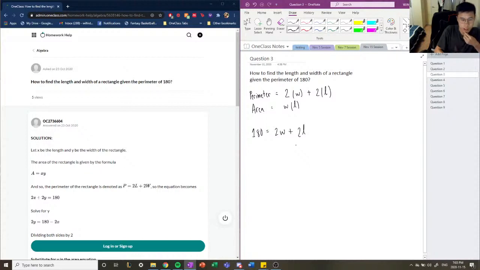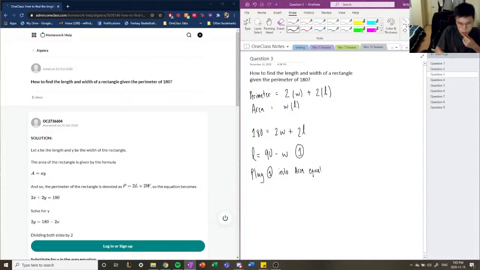So if we want to isolate for, let's say, the length, we can say that L equals 90 minus W. Okay. So now we're going to plug this equation, I guess we're going to call this 1, into the area equation.